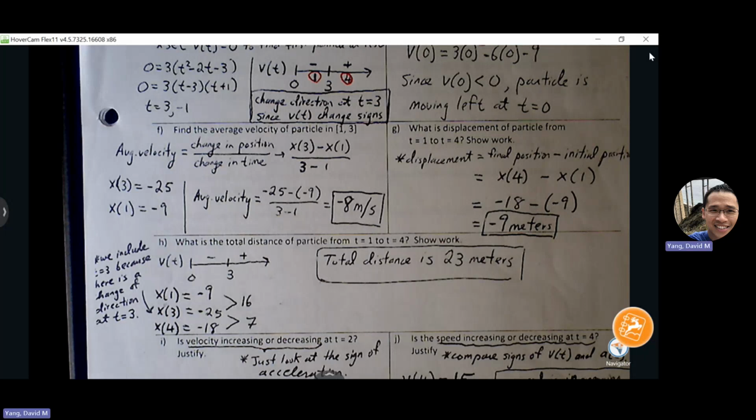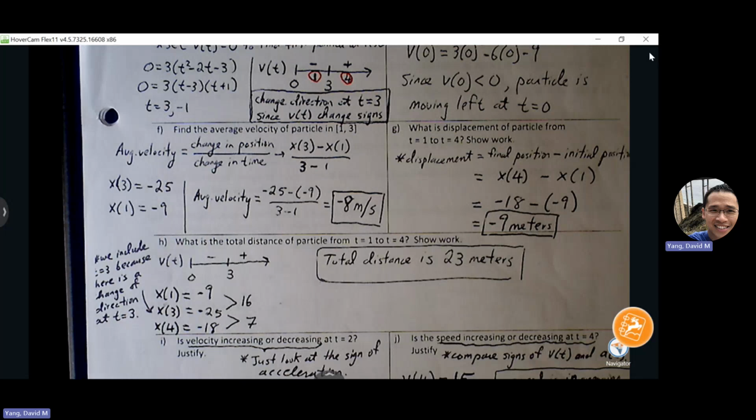Now, total distance is related to displacement, but we have to watch out for something with total distance. Total distance will be different than displacement if there is a change in direction. The way that we can figure out if there's a change in direction is we look at our velocity sign line and see, between 1 and 4, does this particle actually change direction?